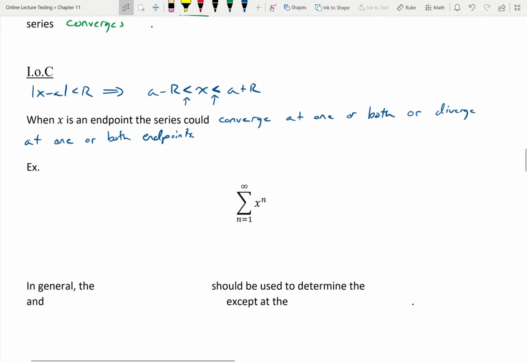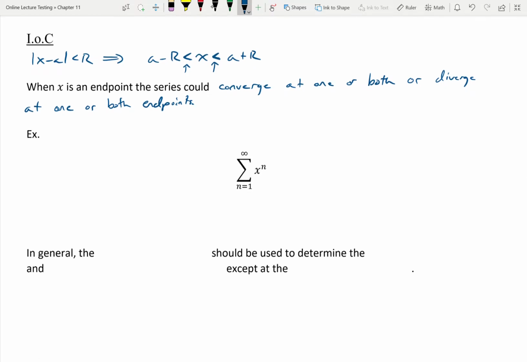So let's look at something a little bit to help solidify this argument. So for example, if we look at the sum with the index going from 1 to infinity of x to the n. All right, this is a geometric series. Well, we know a geometric series is going to converge. So we'll call this a geometric power series, if you will. It will converge on the interval of convergence from -1 to 1 because we know the properties of geometric series.